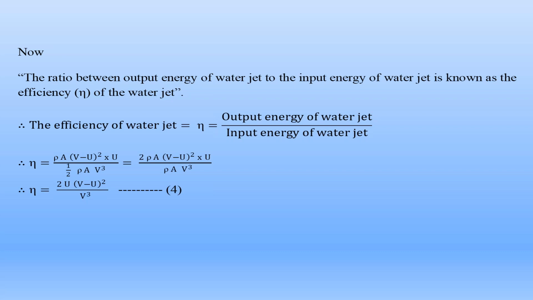Then we discussed the efficiency of the water jet: nu is equal to the output energy divided by the input energy. So in this condition, the efficiency nu is equal to 2U into (V minus U) whole square divided by V cube.